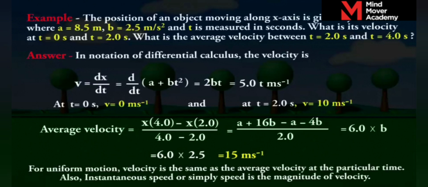Note that for uniform motion, velocity is the same as the average velocity at a particular time. Also, instantaneous speed, or simply speed, is the magnitude of velocity.